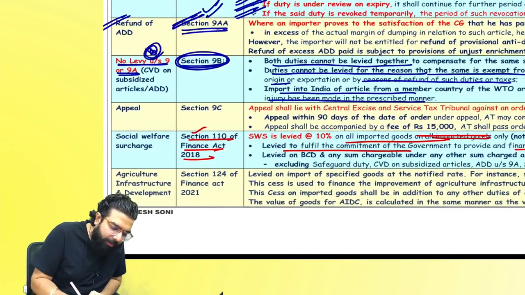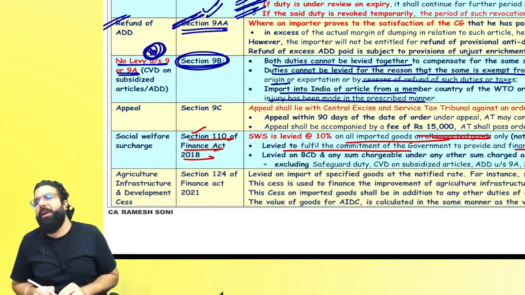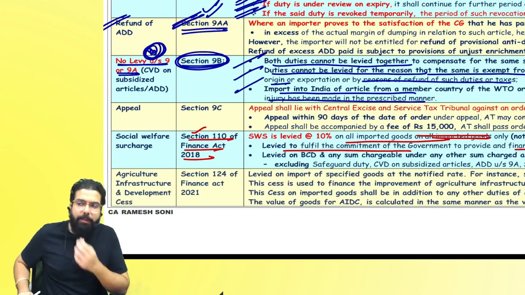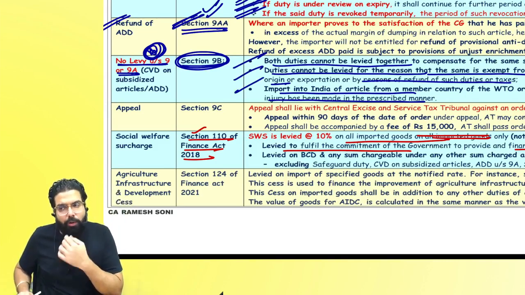They sometimes ask about no levy under section 9 or 9A, basically no levy of CVD on subsidized article or anti-dumping duty, if 3 points. Remember, both can be charged, but both cannot be charged together.